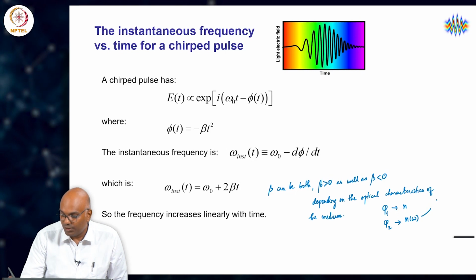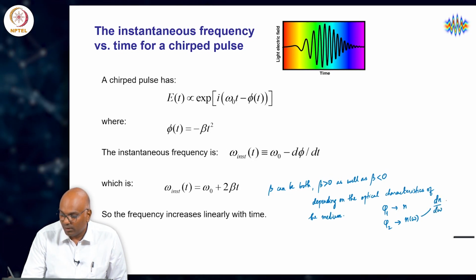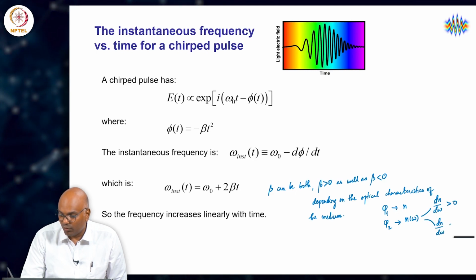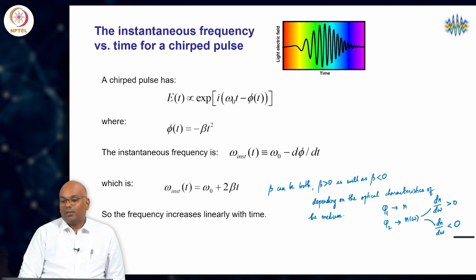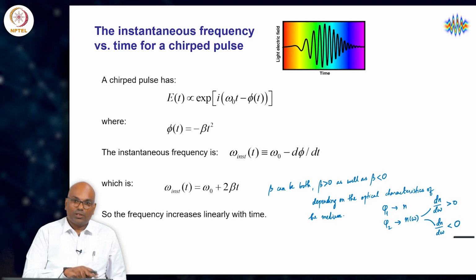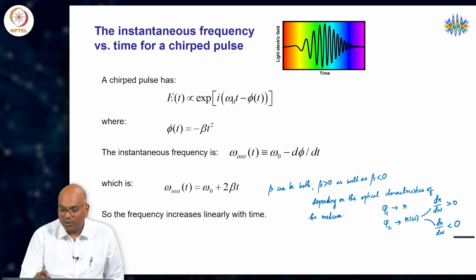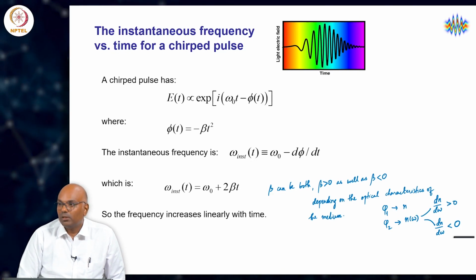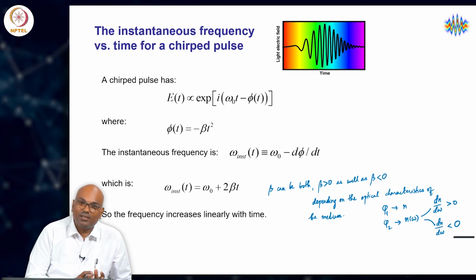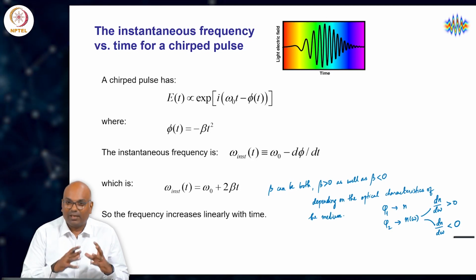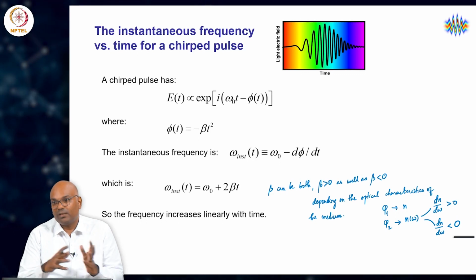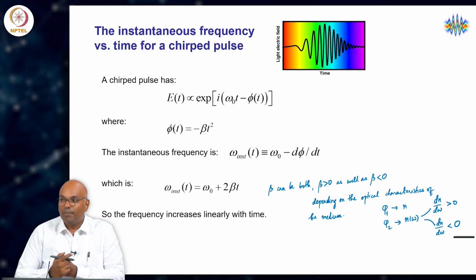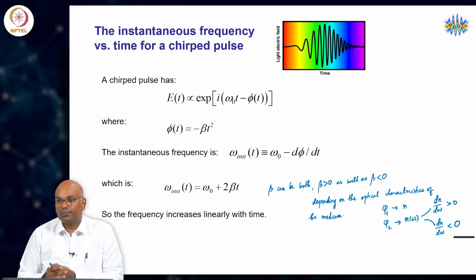So, we could have had two scenarios where dn by d omega, the slope, is greater than 0, or dn by d omega is lesser than 0. We would have had two scenarios for the derivative, which would correspond to beta being either positive or negative for a pulse that started as say an ideal pulse and entered into a medium with either positive or negative dn by d omega and propagated through it.